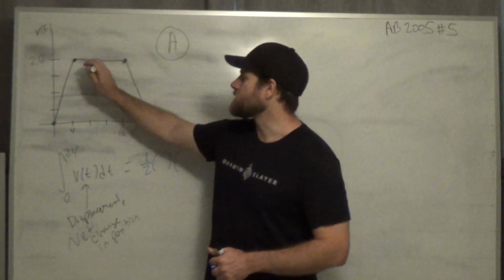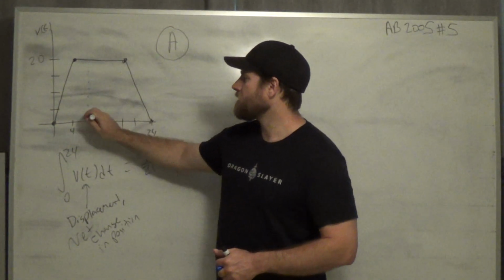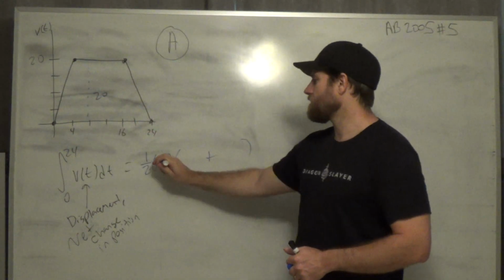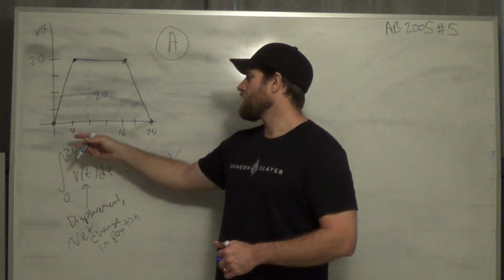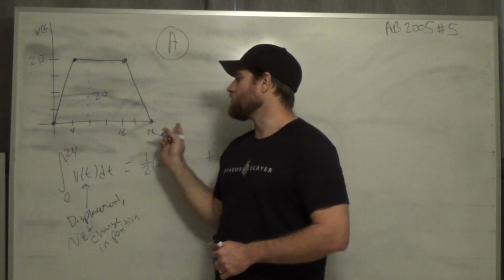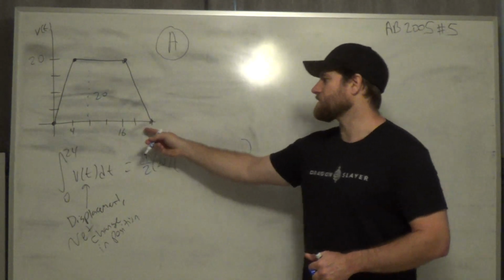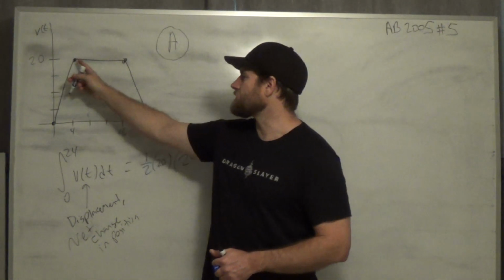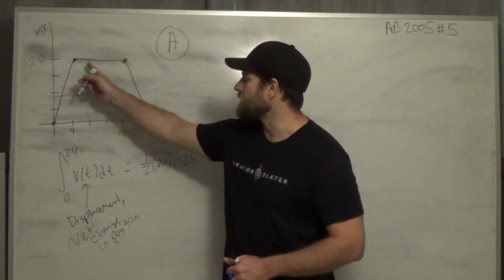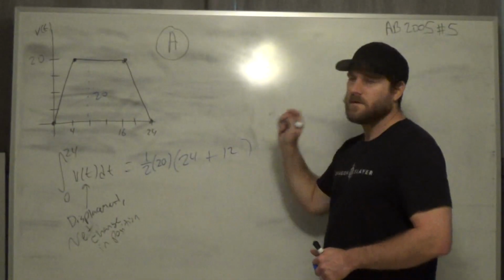The height, just pick any height here, the height is 20. Your base 2 has this distance here of 24. And your base 1 is the distance from 4 to 16. That's a distance of 12.